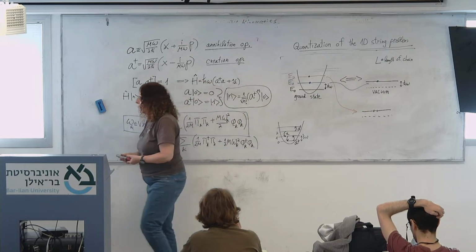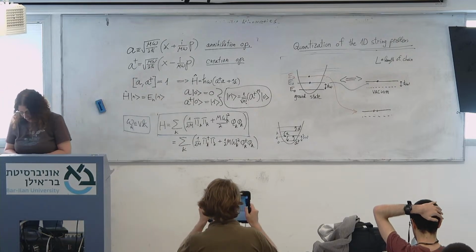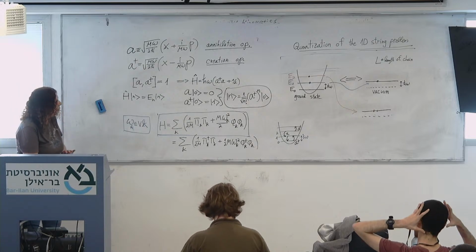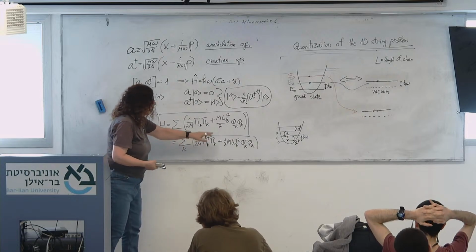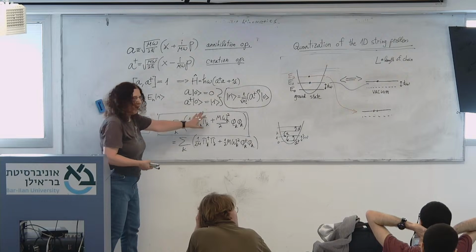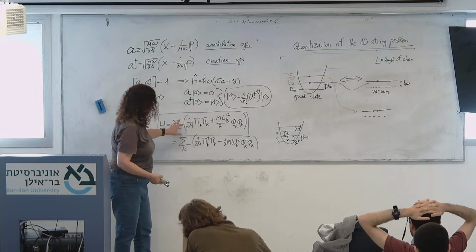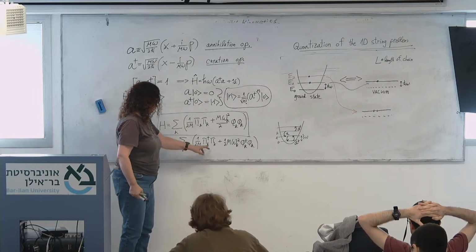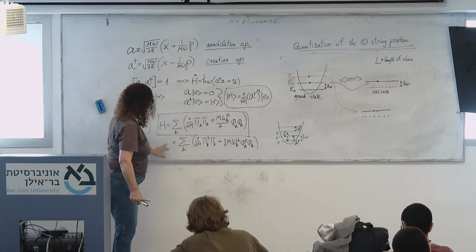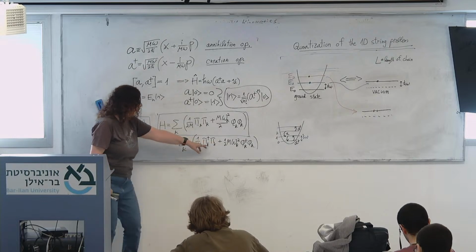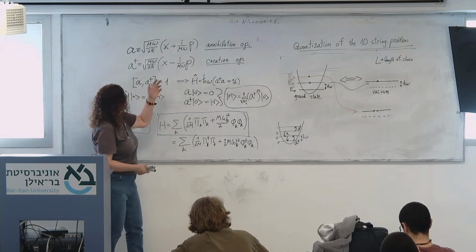Okay, so I guess we'll have to stop here, but just to give you a hint what we'll do next. We do exactly the same thing for the Hamiltonian written in terms of this pi k and phi k, which are now replacing the p and x of the original.